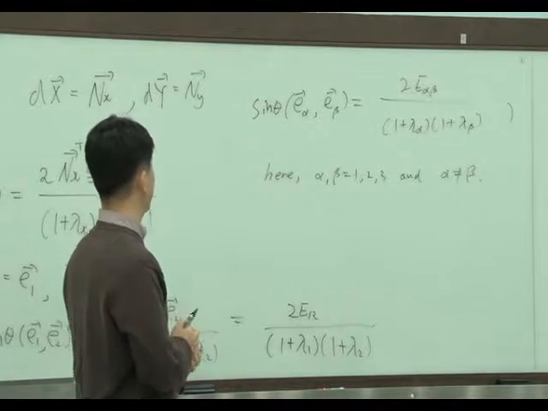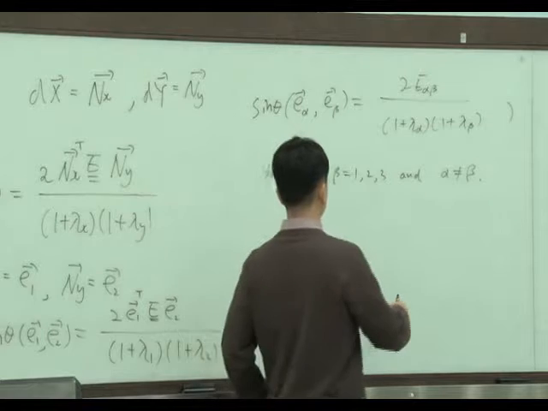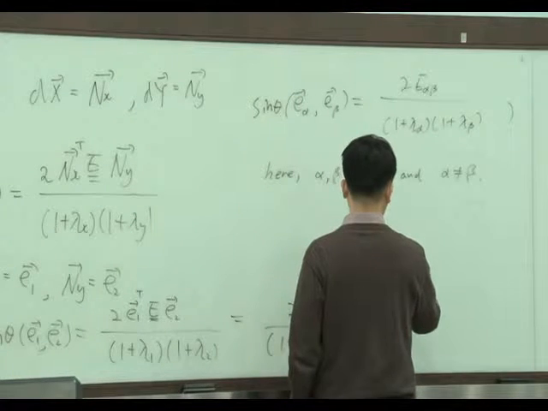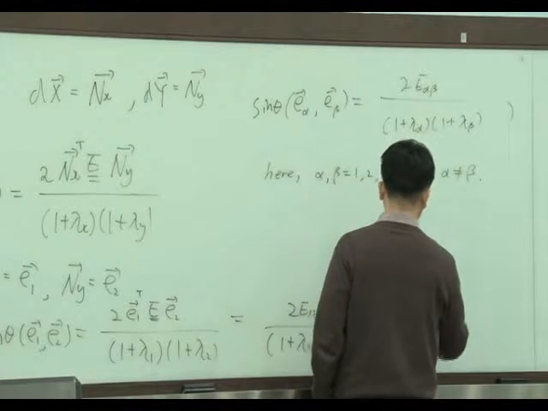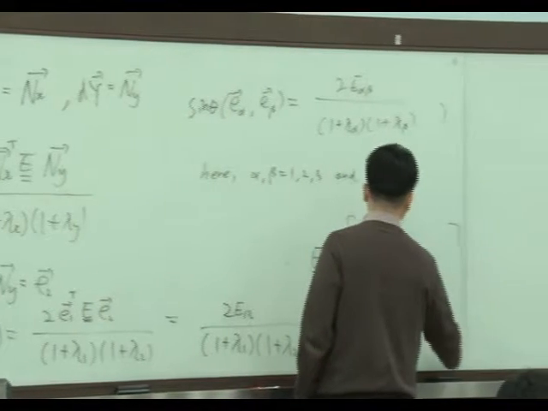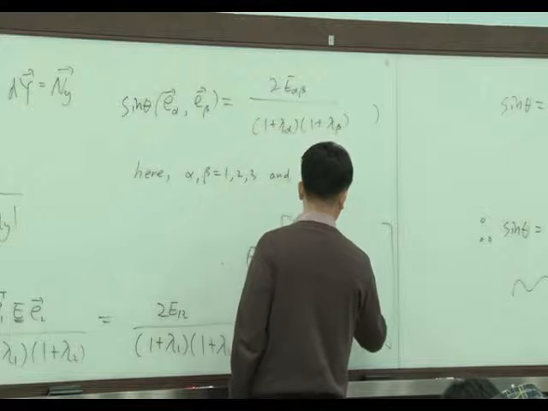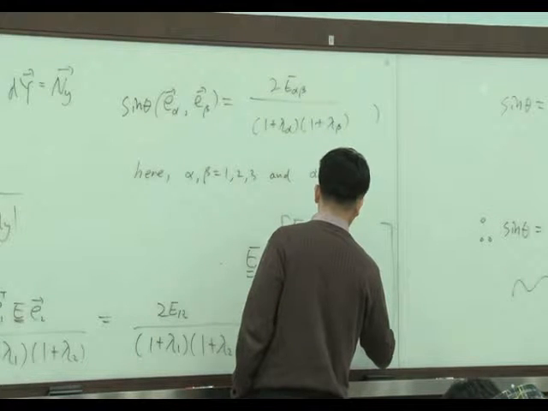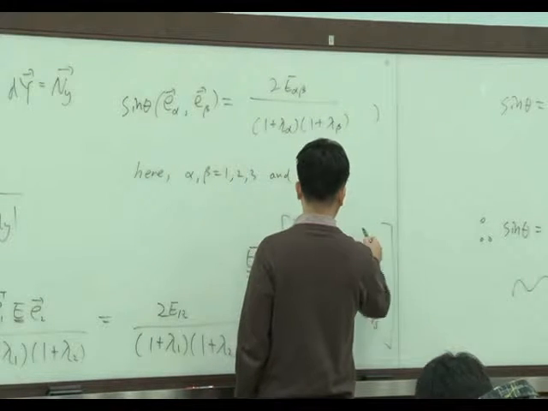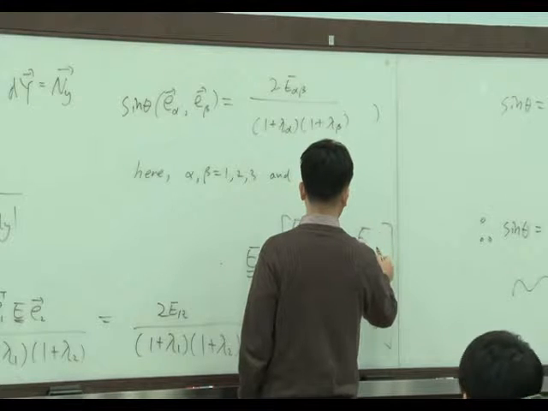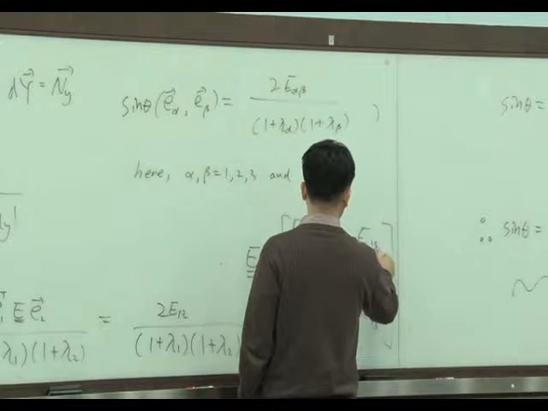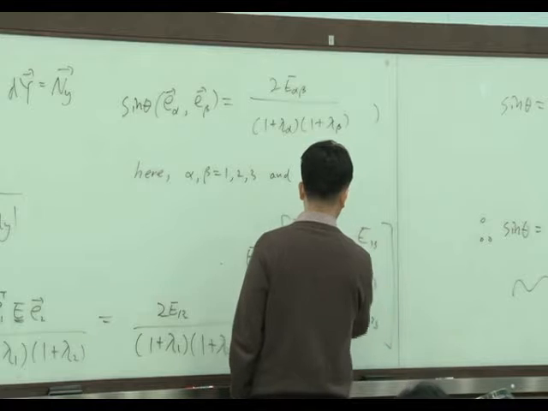So this equation means the Green-Lagrange strain tensor has 9 components: E11, E22, E33, E12, E13, E23.